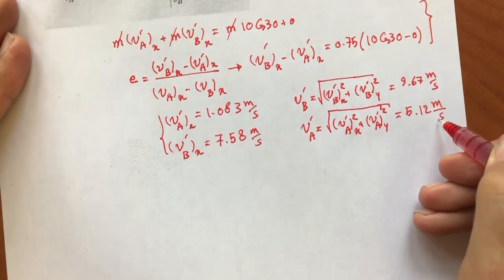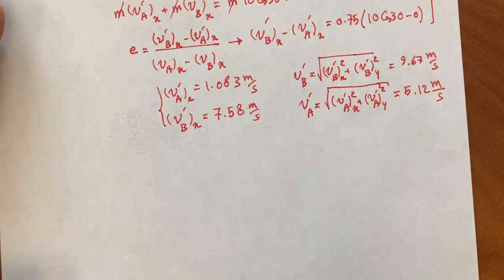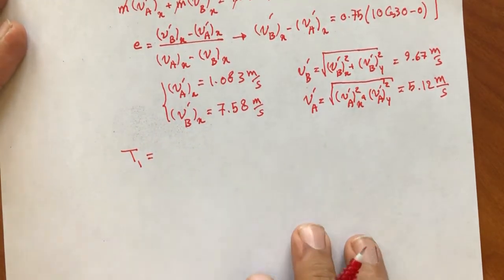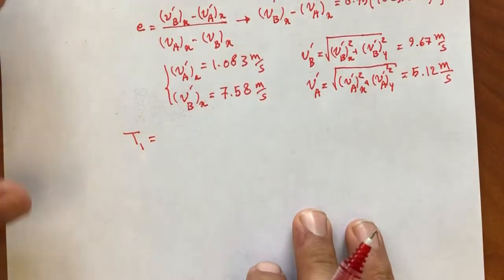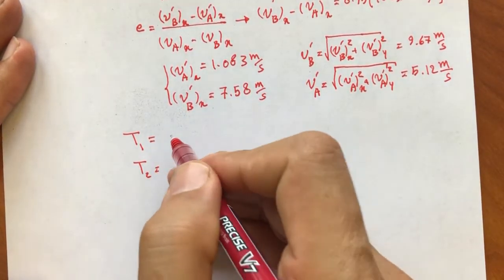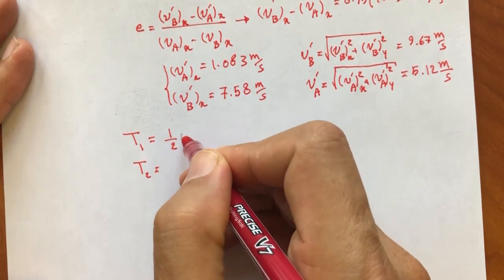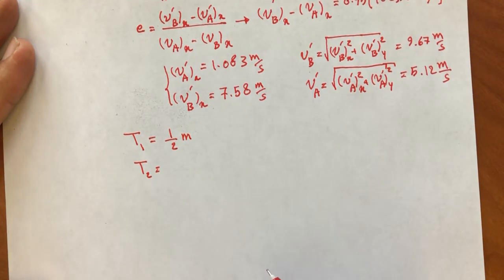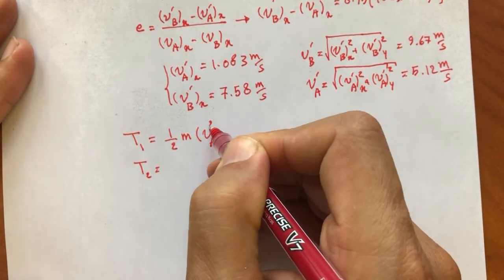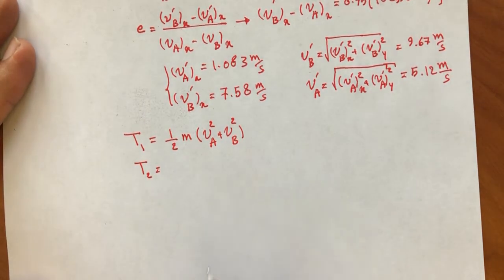To calculate how much energy we are losing here, we need to calculate the kinetic energy before impact, which I'm going to show with 1, and after impact, which I'm going to show with 2. So the kinetic energy is equal to 1/2 of mass, which is the same for both of them, times the velocity of A before impact squared plus the velocity of B before impact squared, which we know.